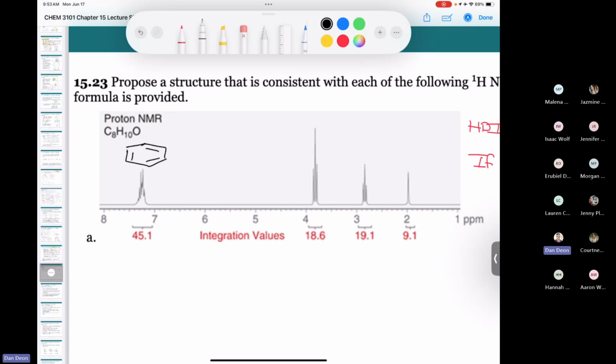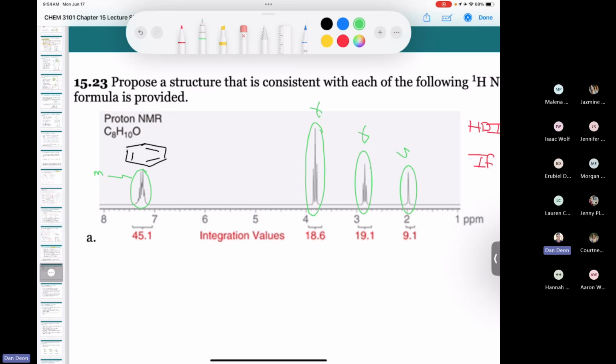Thanks, Jenny. Absolutely right, there are 4 signals. We have a singlet here, a triplet here, and another triplet here. I'll put S for singlet, T for triplet. And this one here, you can't detect any splitting. It's a multiplet of some sort, so it's very difficult to tell what's going on.